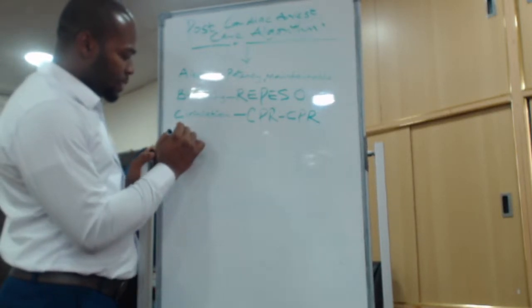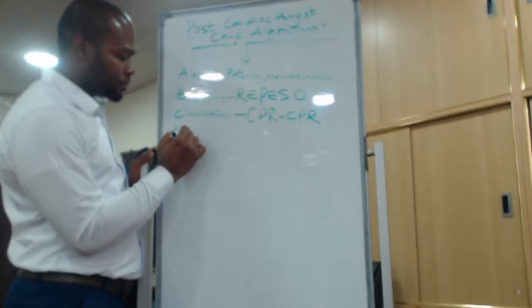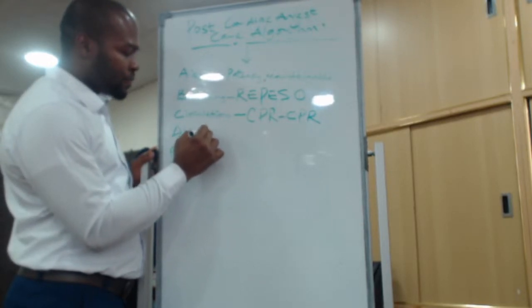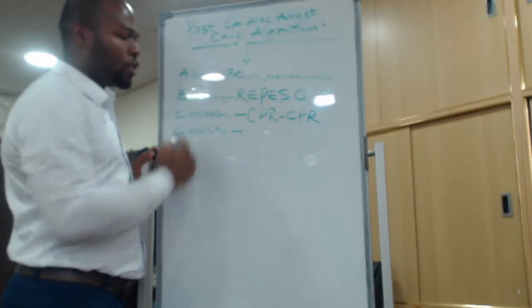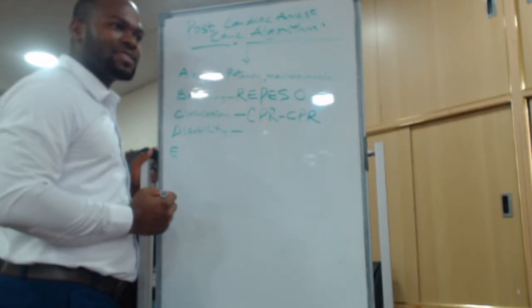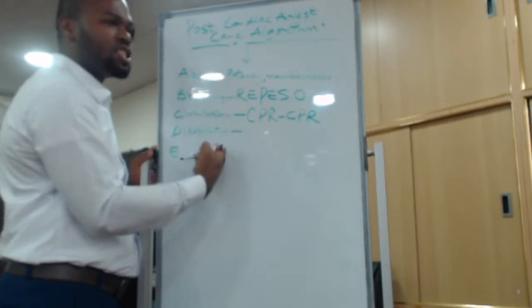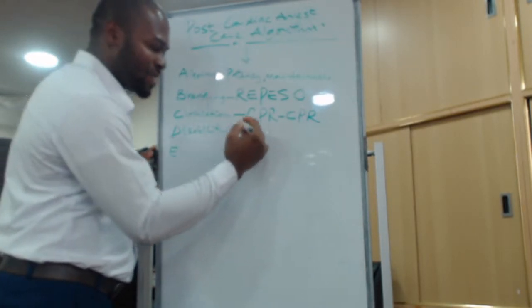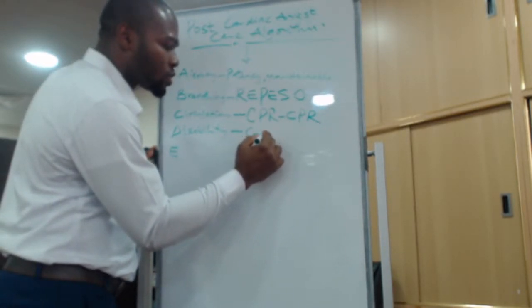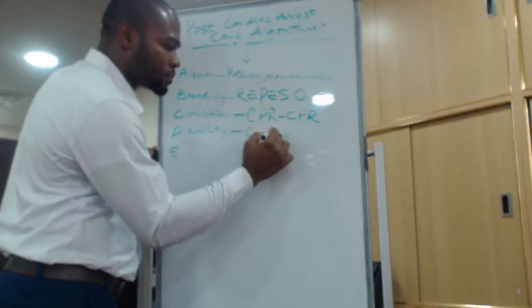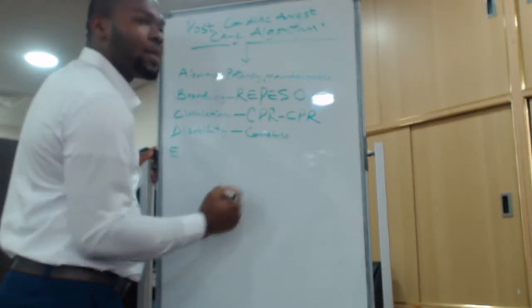What is D? Disability. What do you have with disability? AVPU. So here, once ROSC is achieved, you want to start asking: is the patient comatose?